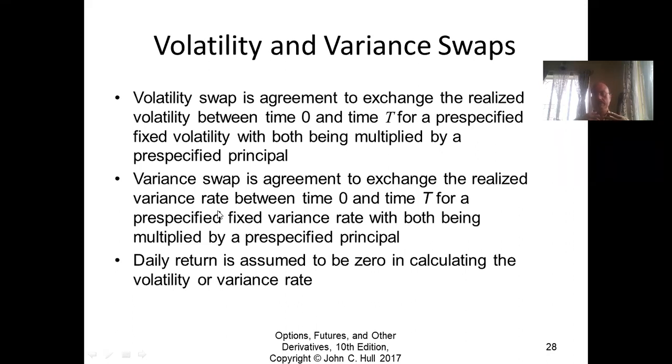You get rid of the realized volatility, take a fixed amount of volatility. In return, you pay some money. And for all these calculations, we normally assume that the daily return is 0. So we assume that the mean is fixed at a level, and we try to manage the fluctuation either in terms of volatility or variance rate.